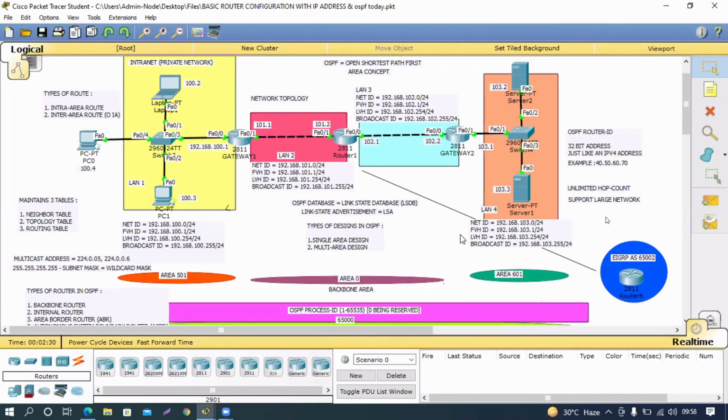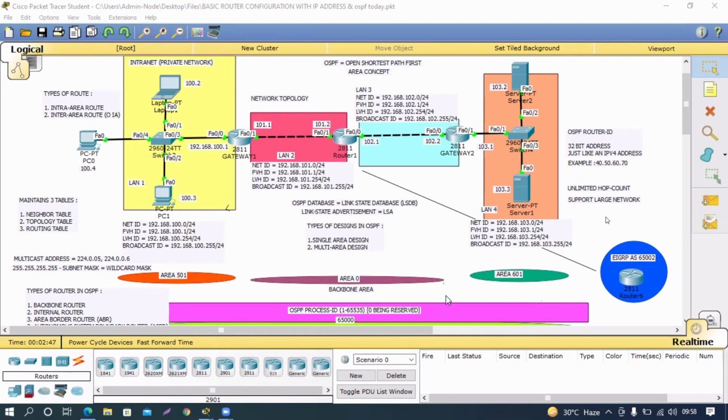Any more questions? One question, sir. As a network engineer, should we know how to connect RJ45 to the cable? Right now it is not required, because these days cables are already coming with connectors.